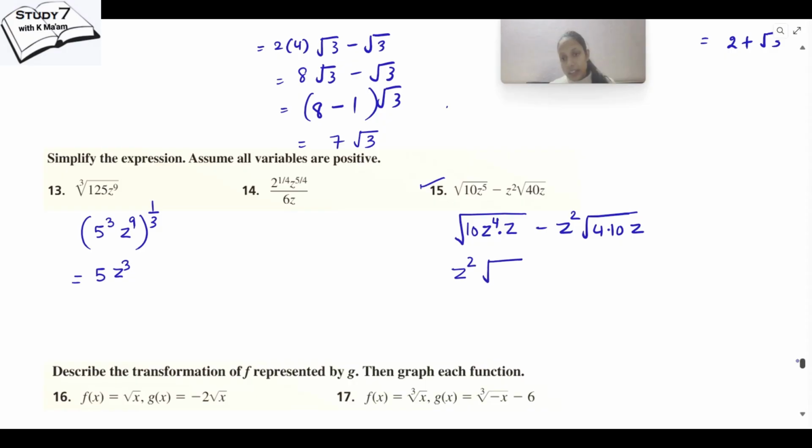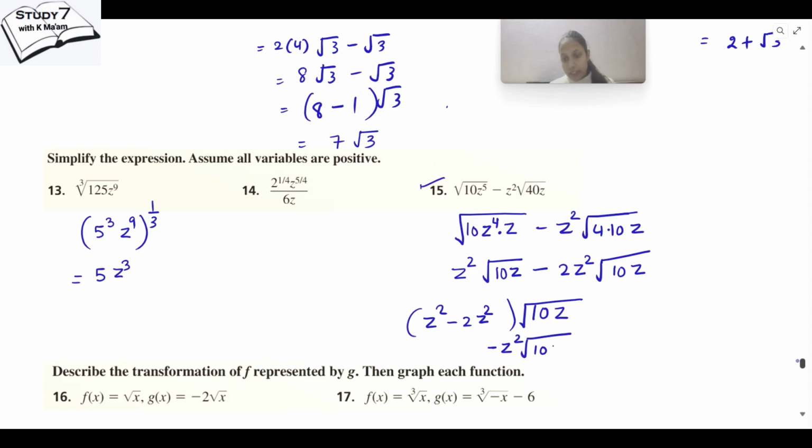So inside is 10z only. Here square root of 4 is 2z square. We are left with 10z inside. What is that? The square root of 10z is common. Z square minus 2z square, which is negative 1z square into root of 10z. Done.